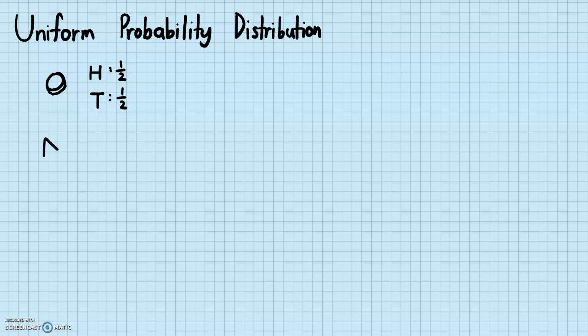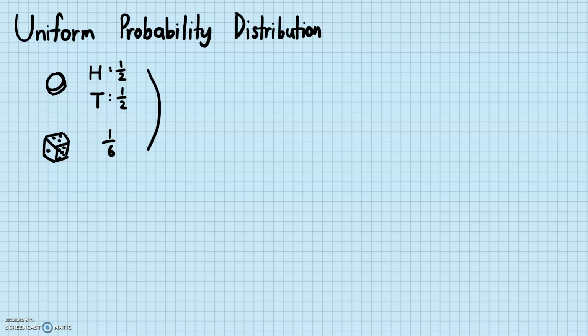And similarly, you can think of a die. Each of the numbers on the die has an equal chance, 1/6, of being rolled. So these are examples of uniform probability distribution.